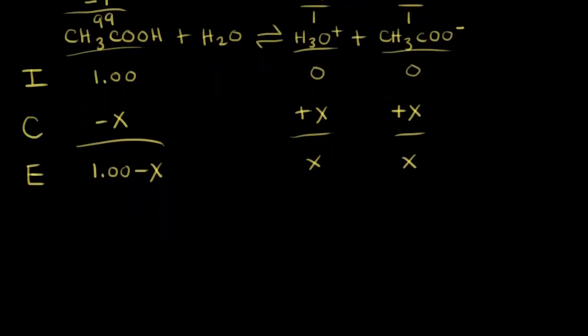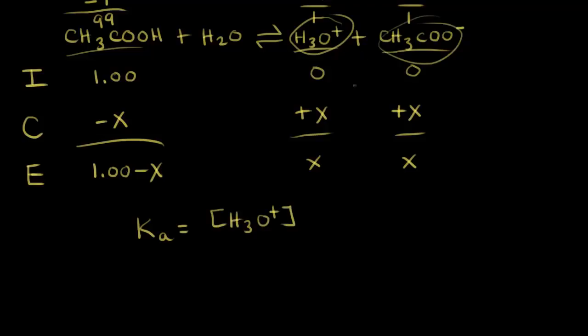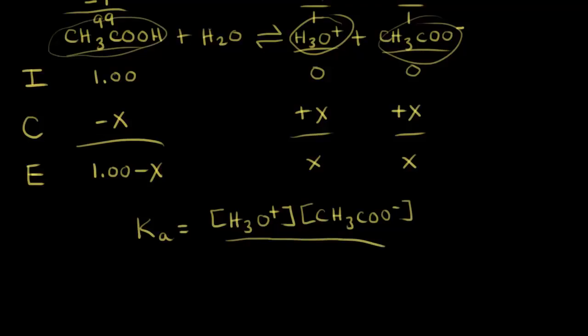Ka would be equal to the concentration of hydronium ion times the concentration of acetate anion, all over the concentration of acetic acid, and we leave water out.